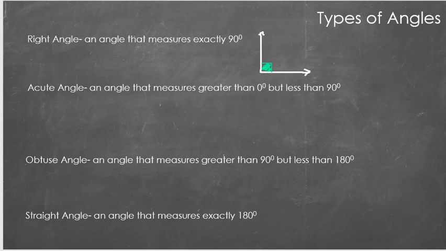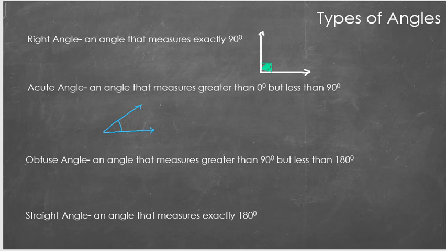So a right angle measures exactly 90 degrees. And an acute angle, ooh, that's cute, you might say, is an angle that's little. It is less than 90, but it's greater than 0. So it's like little tiny puppies, little kittens. Those are cute. An acute angle is kind of a smaller angle.